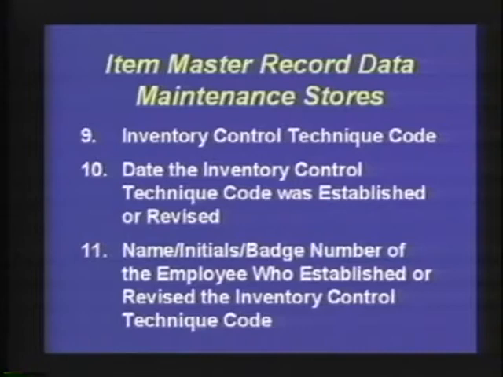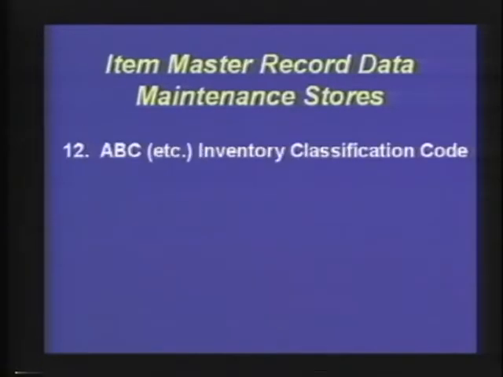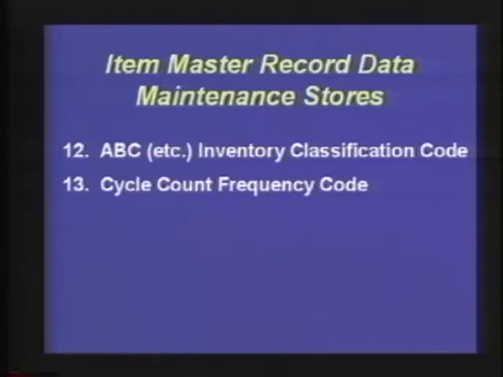Now, continuing on to page number 7, we have additional inventory data such as 12, which pertains to the ABC coding, and again that's used for cost reduction purposes and likewise to establish the cycle count program. Item 13, the cycle count frequency code, is the actual date code that is generated by the cycle count program.